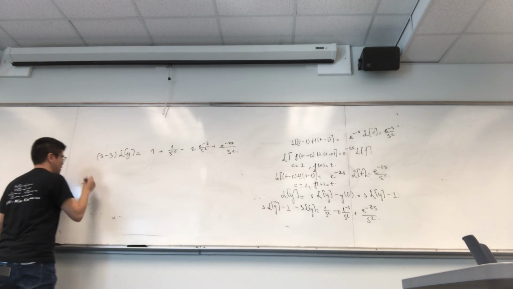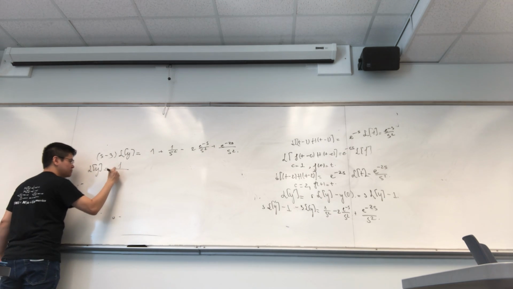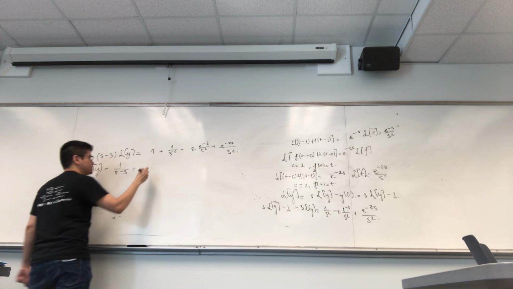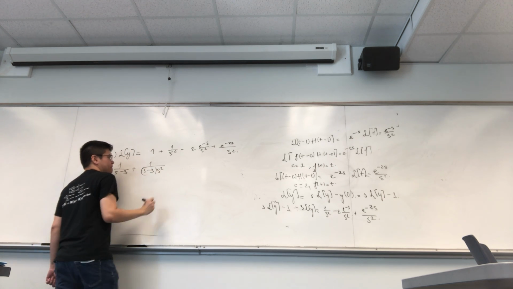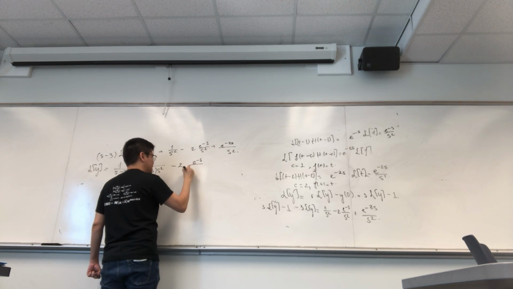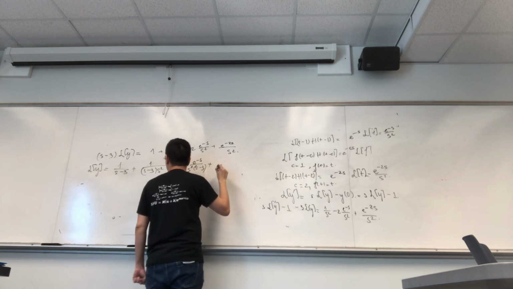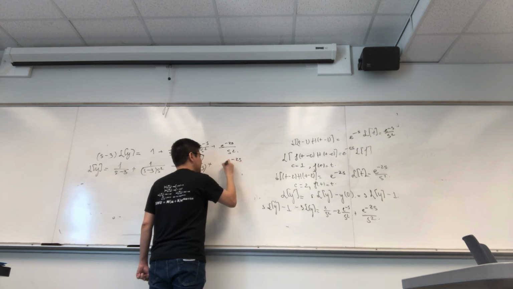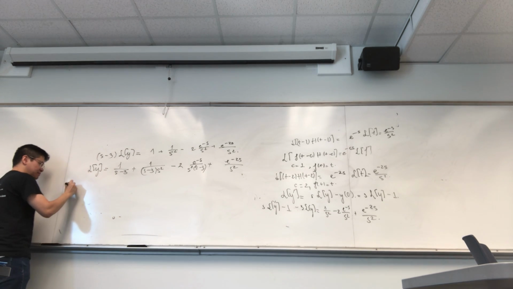Now you divide everything by s minus 3. So you have 1 over s minus 3 plus 1 over (s minus 3)s squared minus 2 e to the power minus s over s squared (s minus 3) plus e to the power minus 2s over s squared (s minus 3). Right?